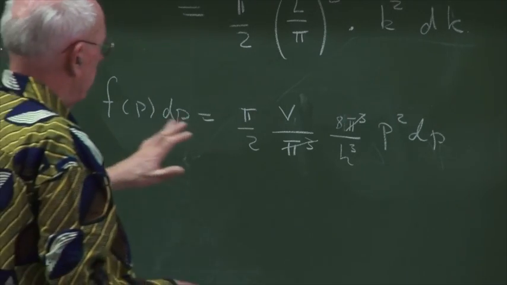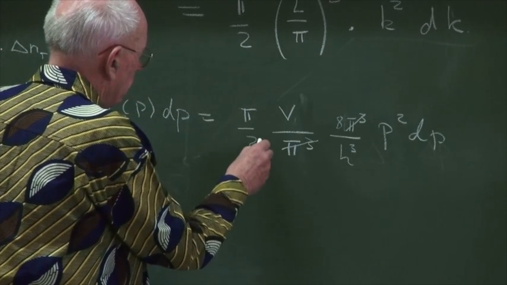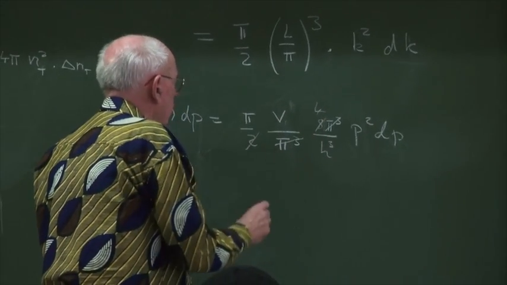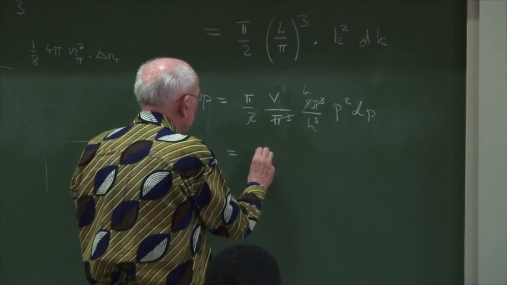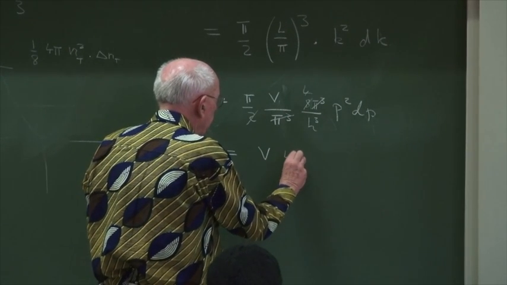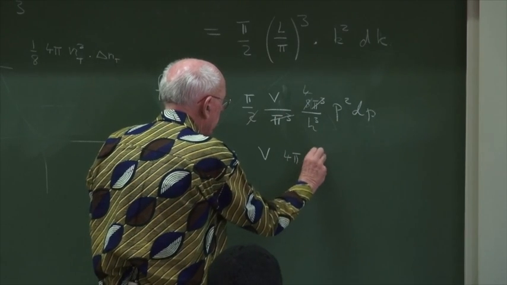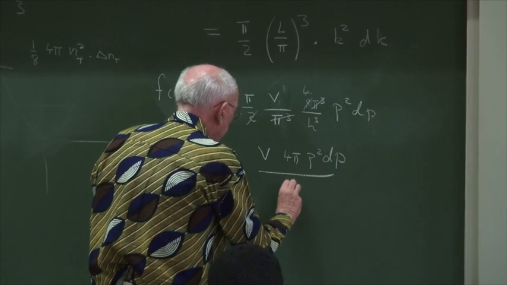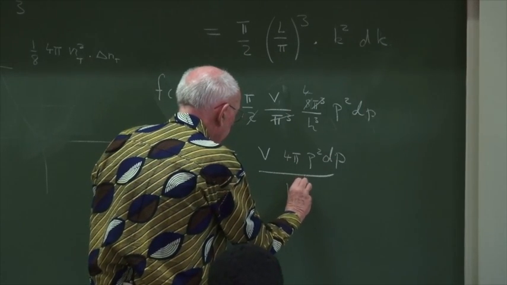Oh no, it's correct. That's 4. And so what I get here is equal to V times 4 pi p squared dp over h to the power 3.